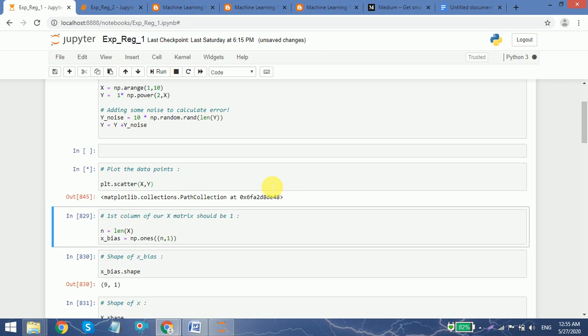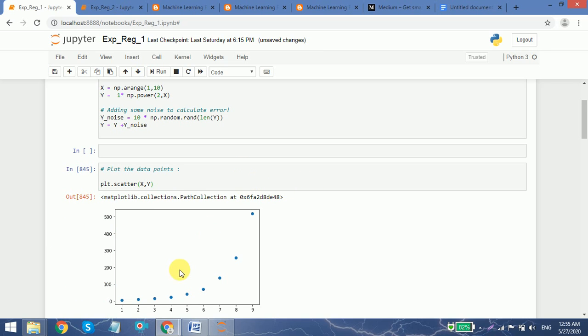It's going to take some time. Here we go. You can see that if we hadn't added the y noise, it would not be this messy, but the points here are not that synchronized.